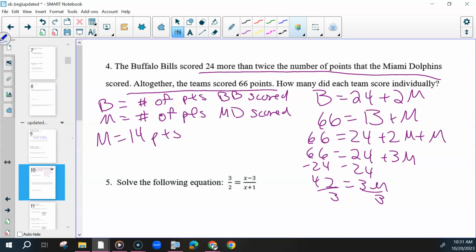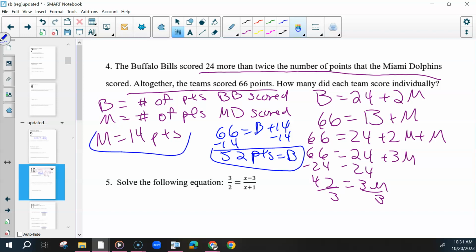And then you have a choice to find B. You can either put 14 back in your B equation, or you can put it into the 66 equals B plus M. It doesn't matter. So Miami Dolphins would be 14 points, and Buffalo Bills would be 52 points.